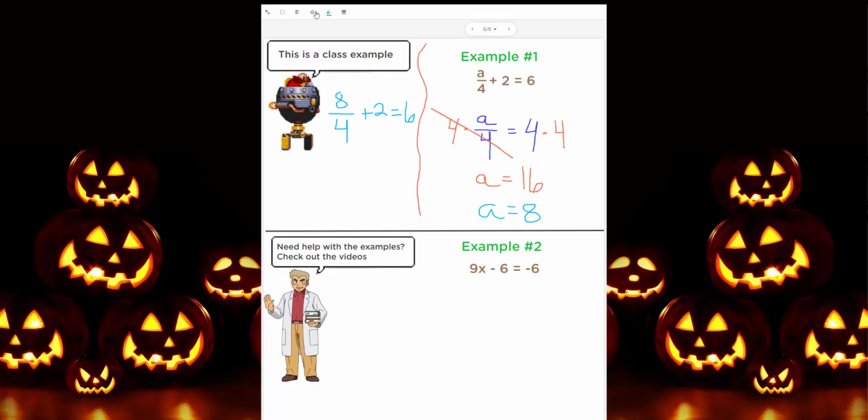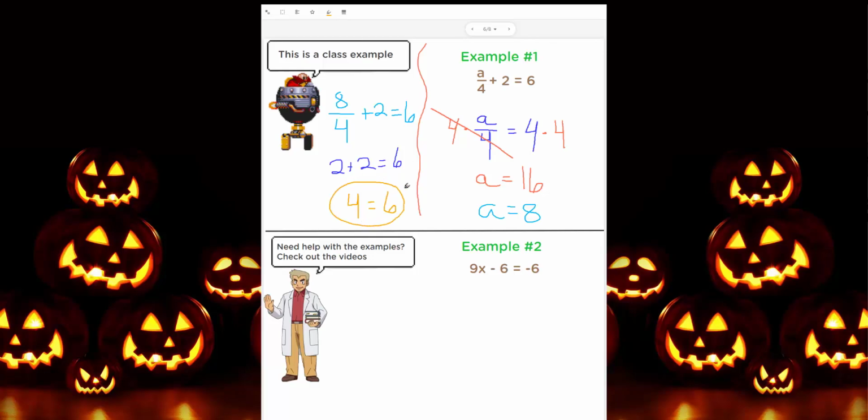And we follow the order of operations, and we get 8 divided by 4 is 2, plus 2 equals 6, and then 2 plus 2 gives us 4, and we end up with 4 equals 6.